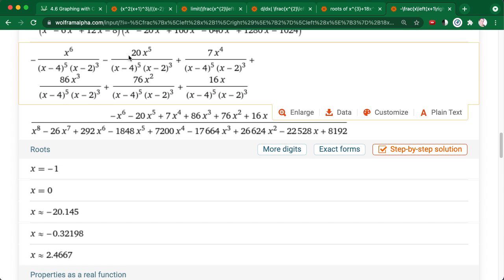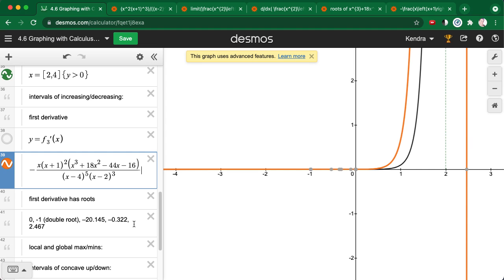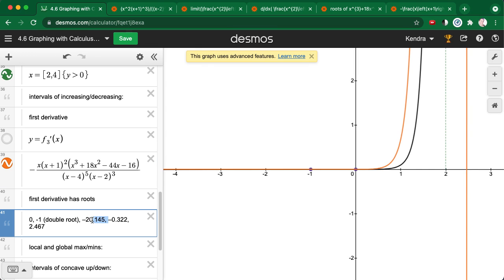Okay. So that tells me I am going to order these roots in order. So -20 is going to go over here.